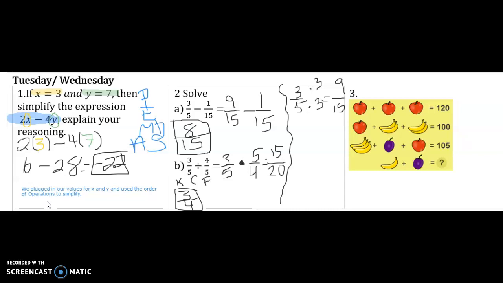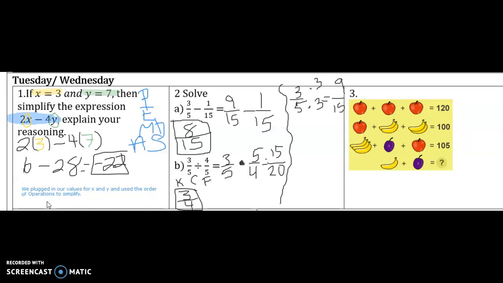For number 3, we have a nice beautiful puzzle to get our brain juices going. So we have 3 apples and they have to add up to 120. Well, that means that each apple, they're identical, right? So each apple has to have the same value, and when you add them together, it has to be a total value of 120.